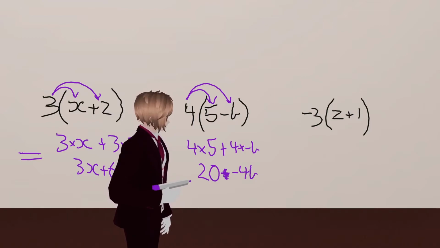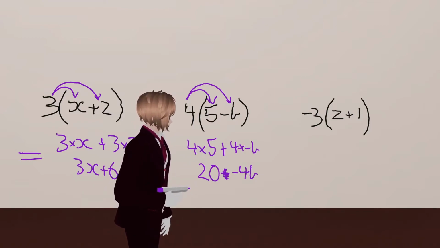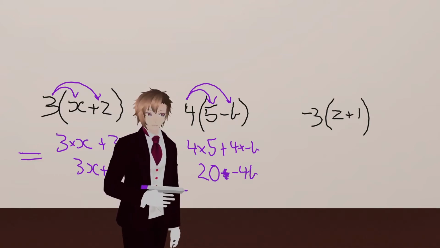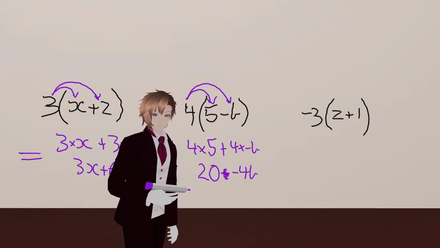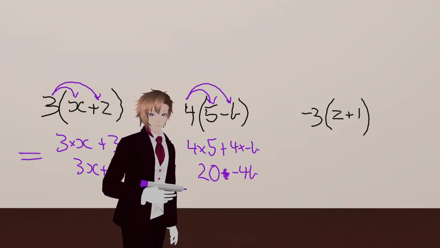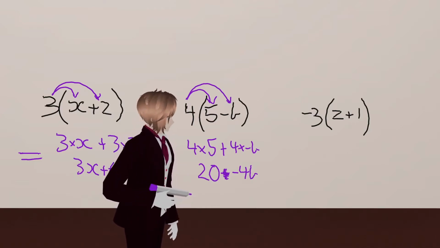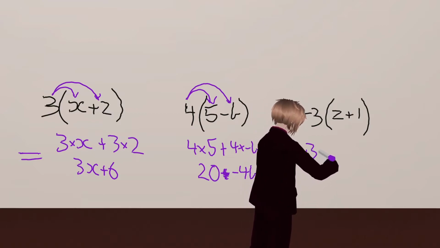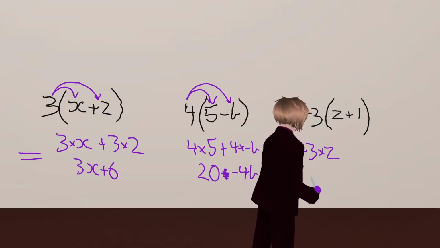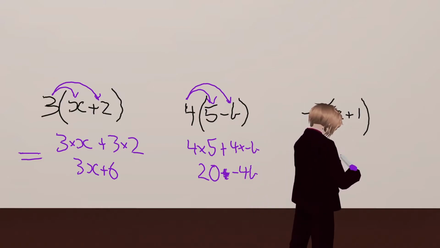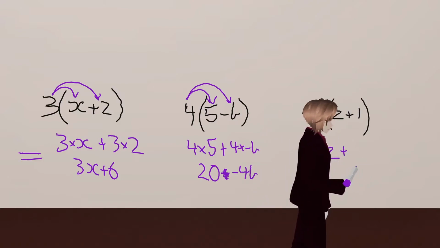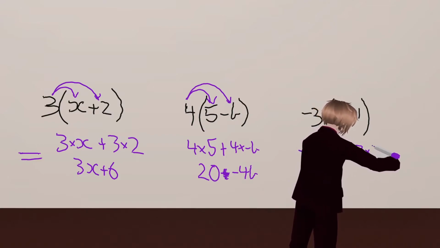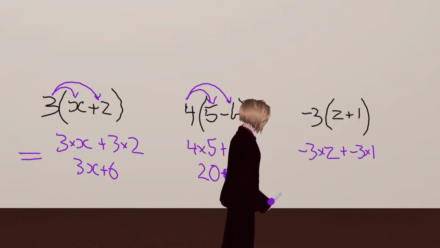In this next one, we have negative 3 times z and negative 3 times 1. You know my placeholder is there because I keep saying the word and. We have negative 3 times z plus negative 3 times 1.